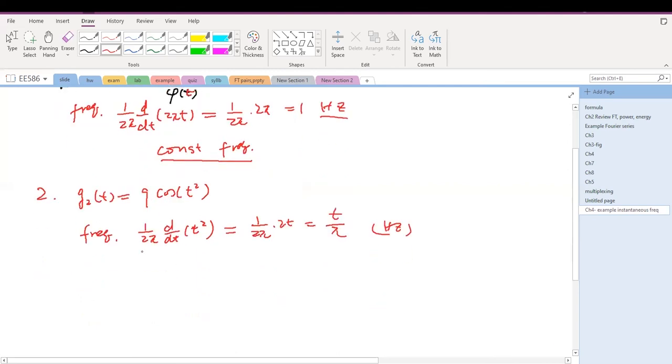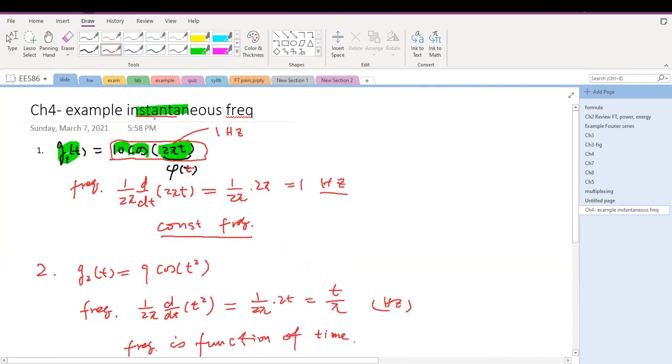Now we can see in this case, the frequency is a function of time. It's changing. So hence the name instantaneous frequency. When the frequency is constant, that's a very special case.